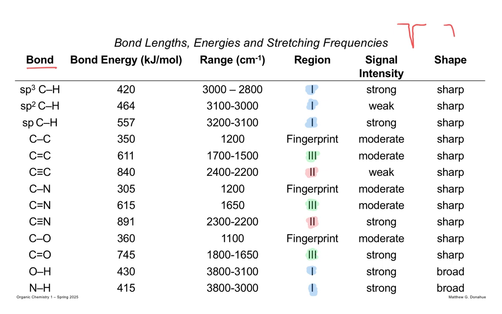Something that's broad would really span a lot of wave numbers. So a sharp peak is going down, there's a point, and it's going back up. Broad, it's going down, it passes a lot of wave numbers, and then it curves back up. So visually, that's what you're looking for.